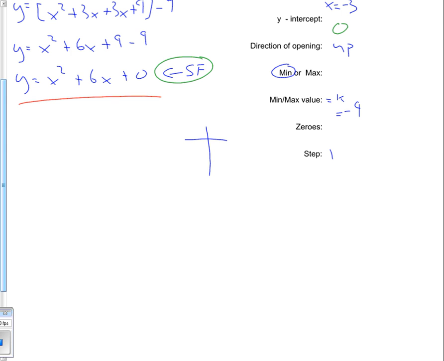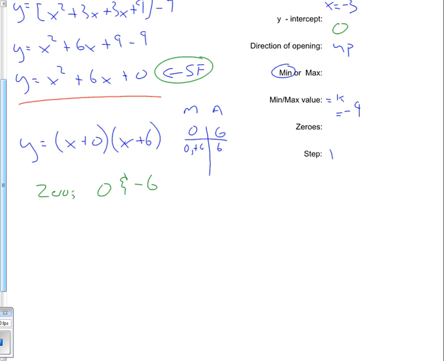If I factor that, I'm looking for two numbers that multiply to 0 but add to positive 6. That means that my factored form is going to be x plus 0 and x plus 6. If that's my factored form of the equation, my zeros are going to be at 0 and -6.